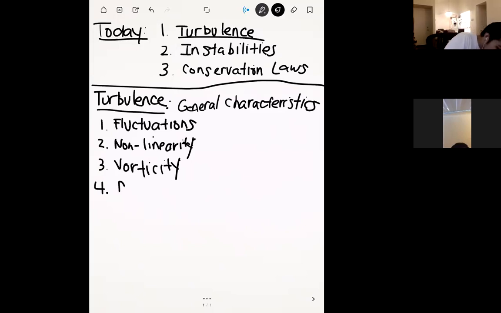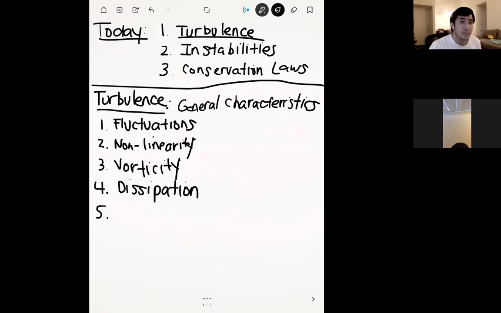Next is dissipation. When you compare turbulent flow to laminar flow, because you have that energy cascade, the kinetic energy of your turbulent flow tends to dissipate into heat at a much higher rate than laminar flow.